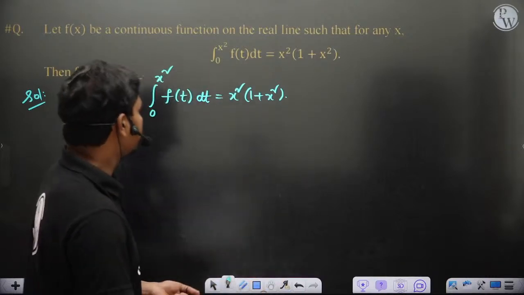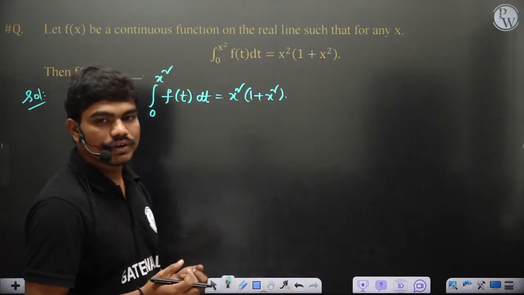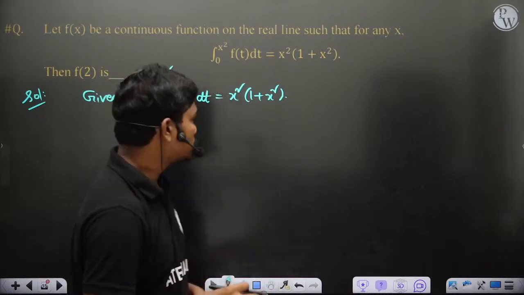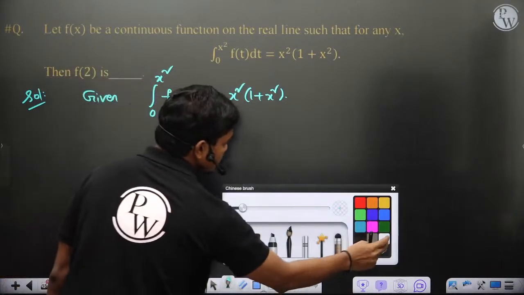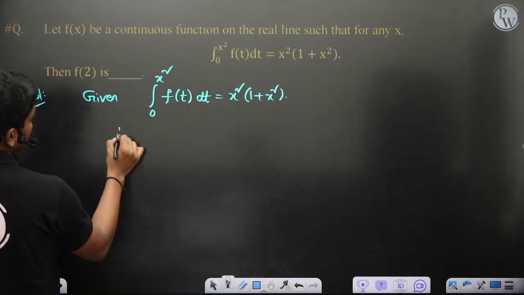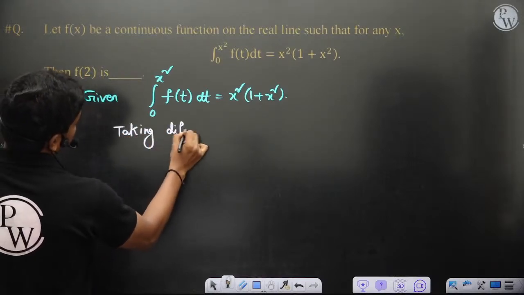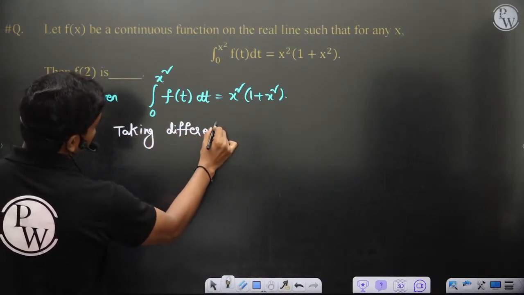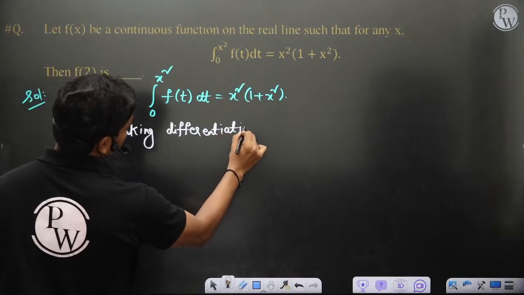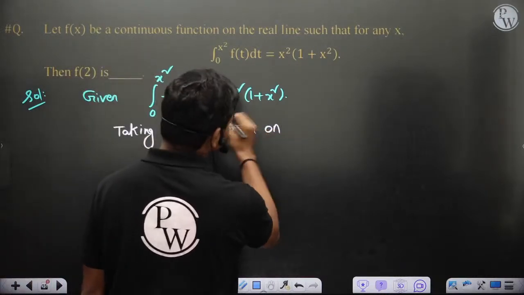So let's see. To calculate f of 2, we need not know what the actual function is. What we can do is take the derivative on both sides with respect to x. It's a single variable function anyway.